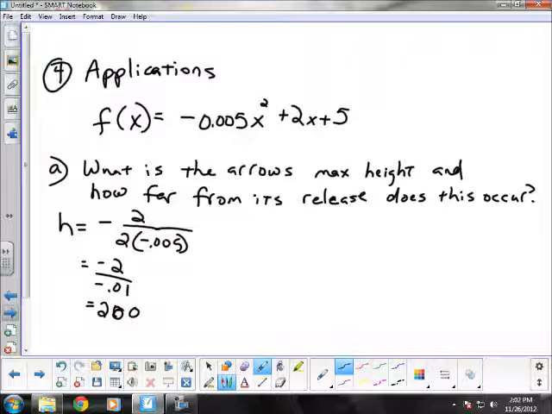Okay? Then what's the maximum height? How do I find that? I need f of 200, right?